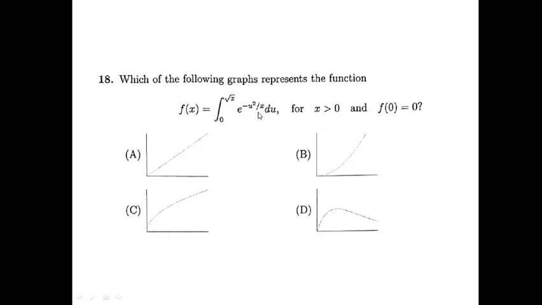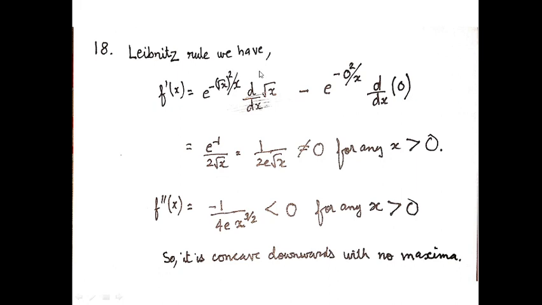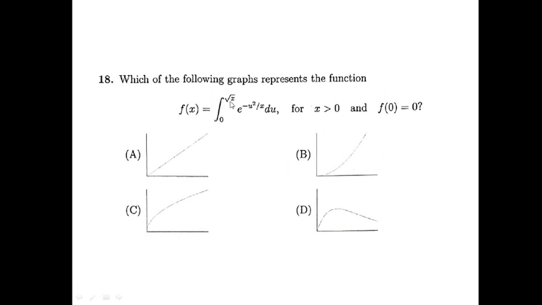Okay, now we'll differentiate f with respect to x, and we apply the Leibniz rule. So what is that? See, we put this e power minus u square by x, replace u by root x, and differentiate root x.